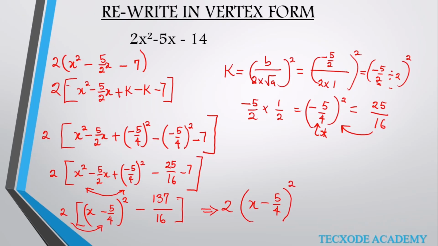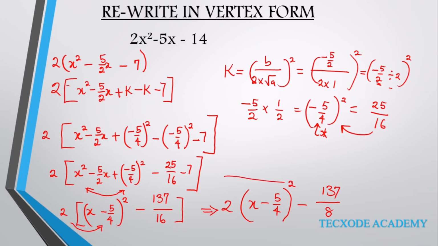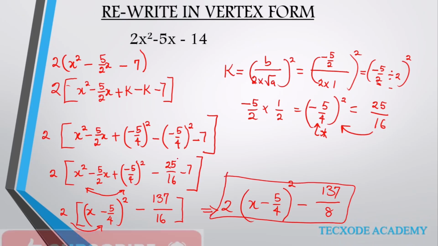Now 2 multiplied by 137 over 16, that will be minus 137 over 8, because 2 would reduce 16 by 8. So this is the vertex form that we're looking for.